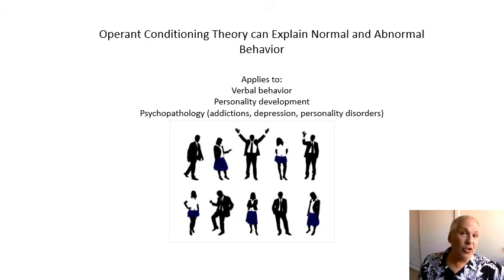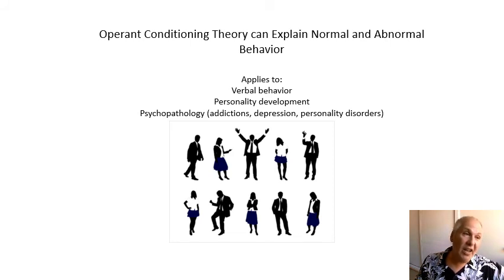An antisocial person may have antisocial parents, may have an antisocial predisposition, be born with an aggressive sort of attitude, and then if that person is in situations where antisocial behavior is reinforced, they develop an antisocial personality.